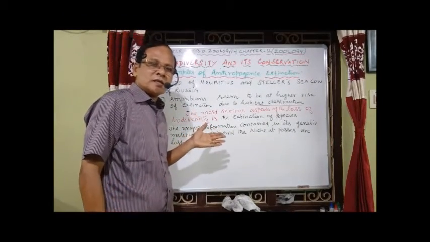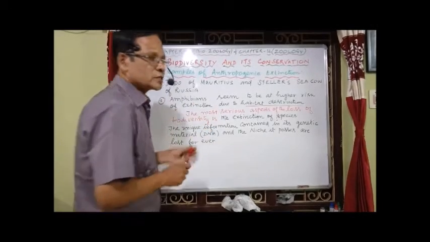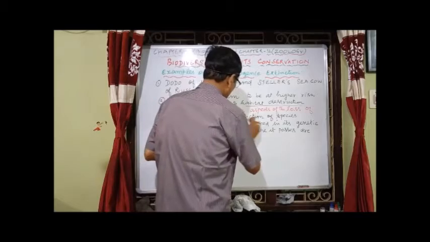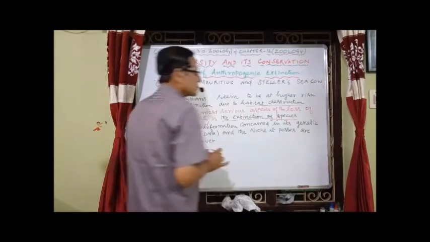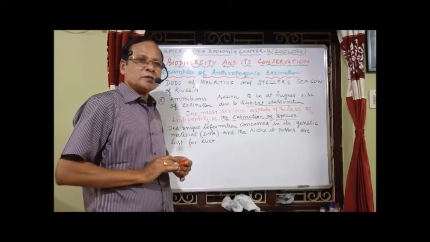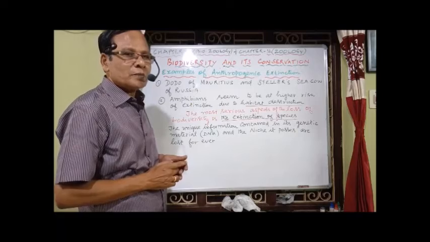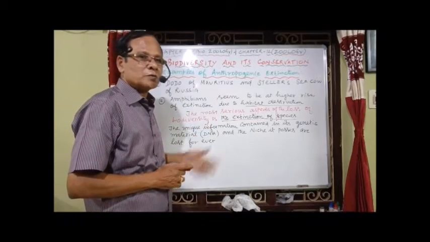The most serious aspect of loss of biodiversity is the extinction of species. What happens because of the extinction of species?